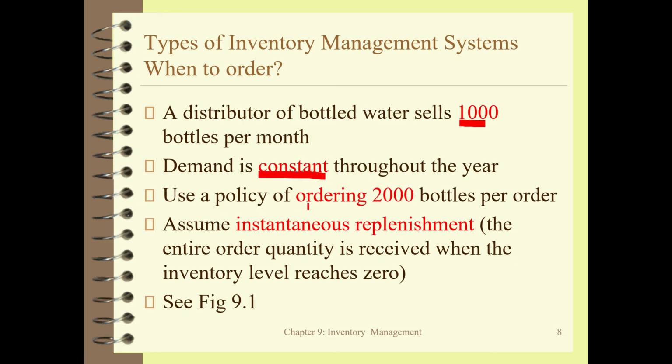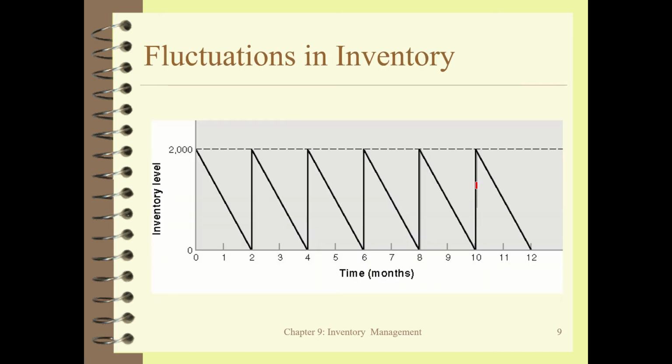And we use a policy of ordering 2,000 bottles per order. And we assume instantaneous replenishment, meaning that whenever the inventory level reaches zero, we place an order and that order will come to our stock immediately.